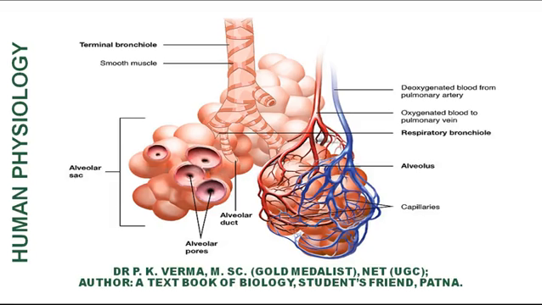The blue color is given to the pulmonary artery that takes impure or deoxygenated blood from the right ventricle of the heart to the lungs for purification. After gaseous exchange, the pulmonary veins carry pure or oxygenated blood back to the heart in the left auricle.